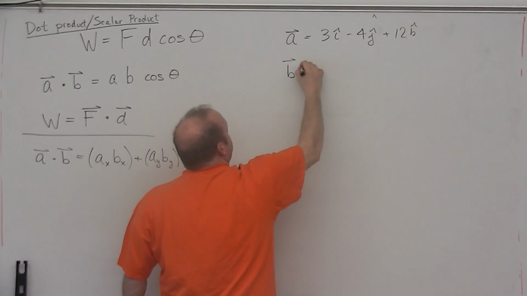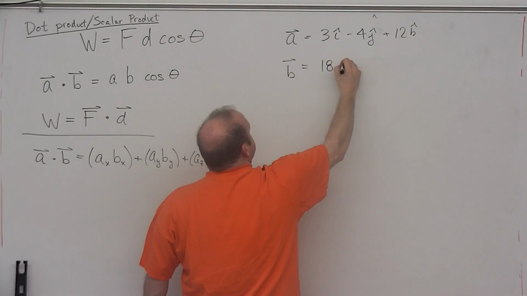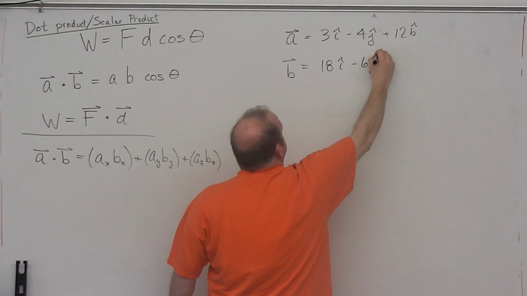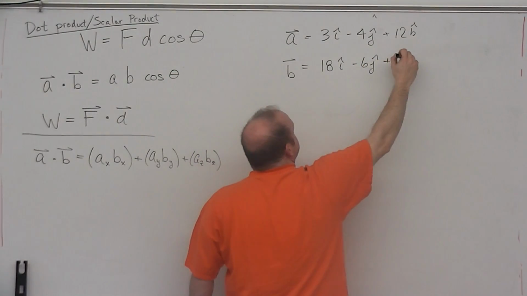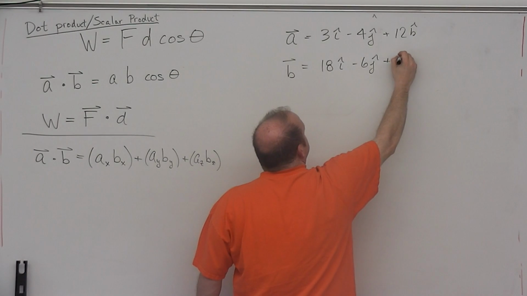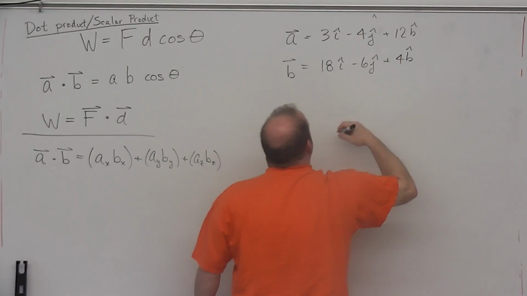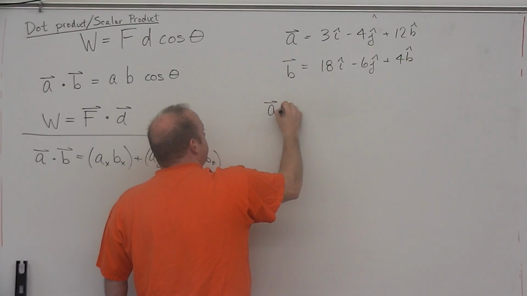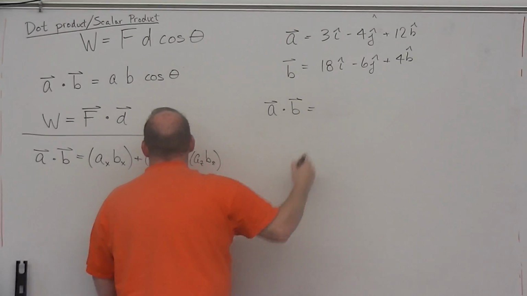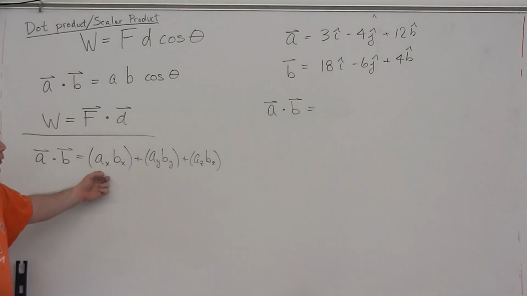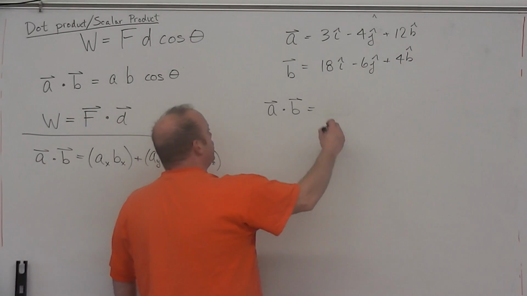Vector B is 18i minus 6j plus, I don't know, 4k. All right, A dot B, I take the x components and I multiply them together, 18, 36, 54.